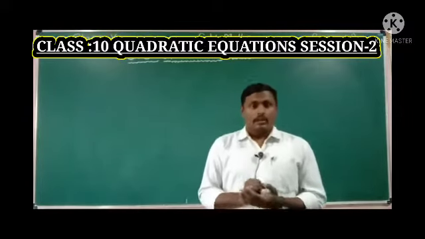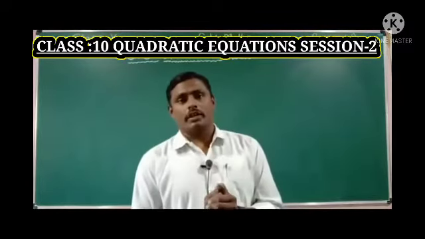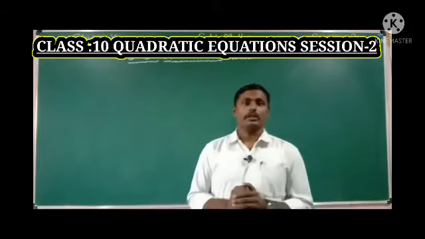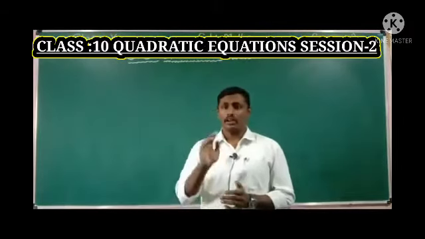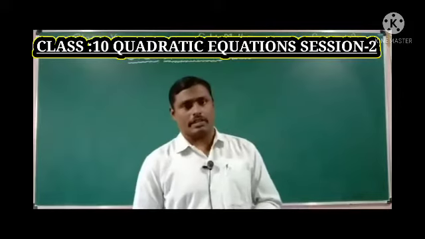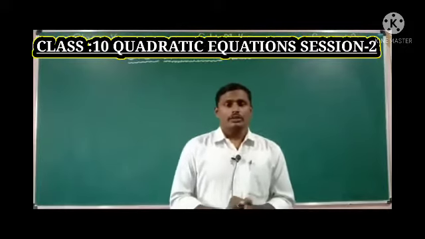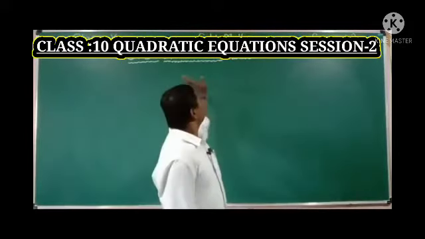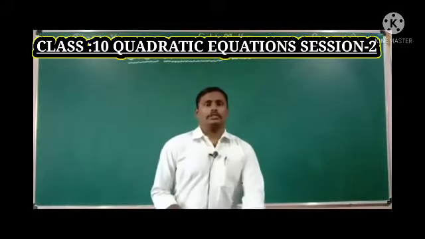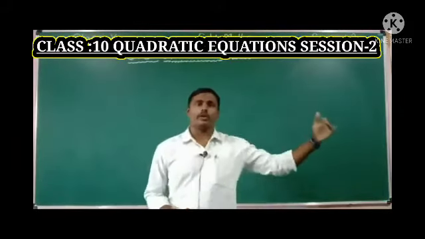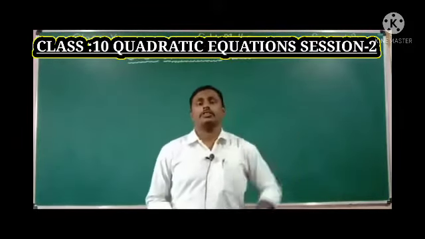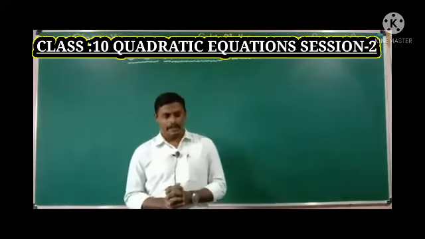Next, the third one is cubic equations, and the fourth one is biquadratic equations. The main concept is quadratic equation, and the remaining cubic equation and biquadratic equation we will study in the higher classes.